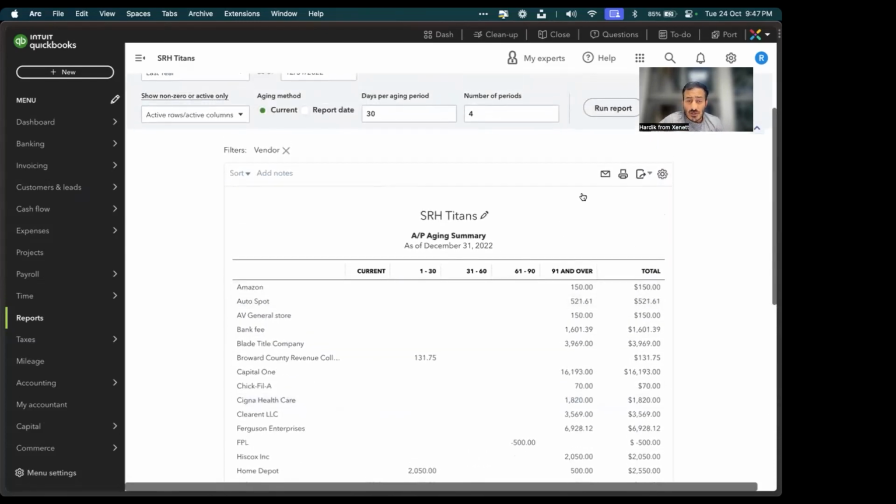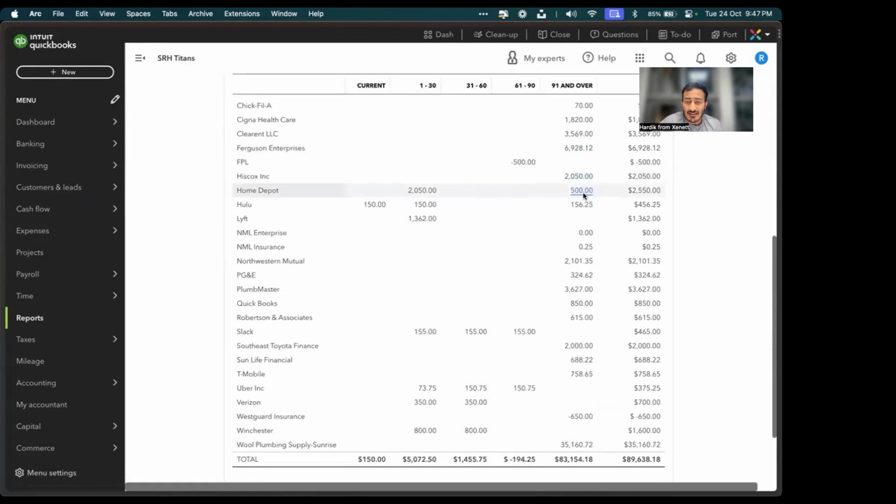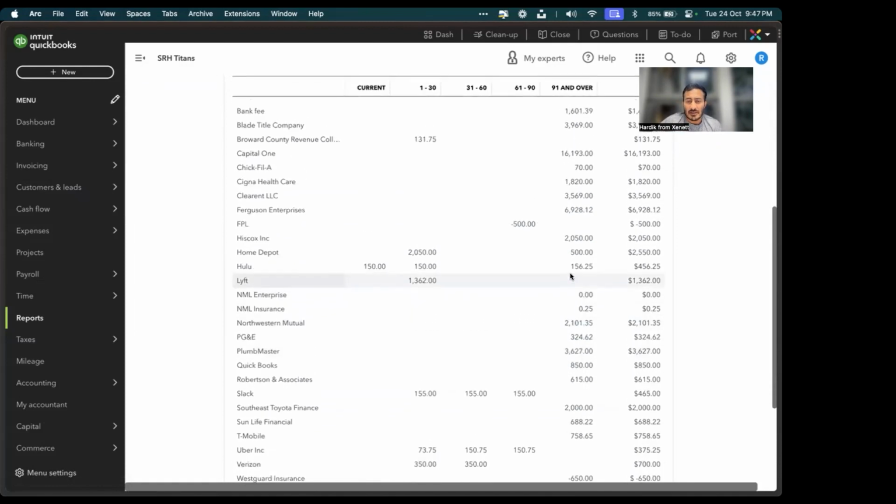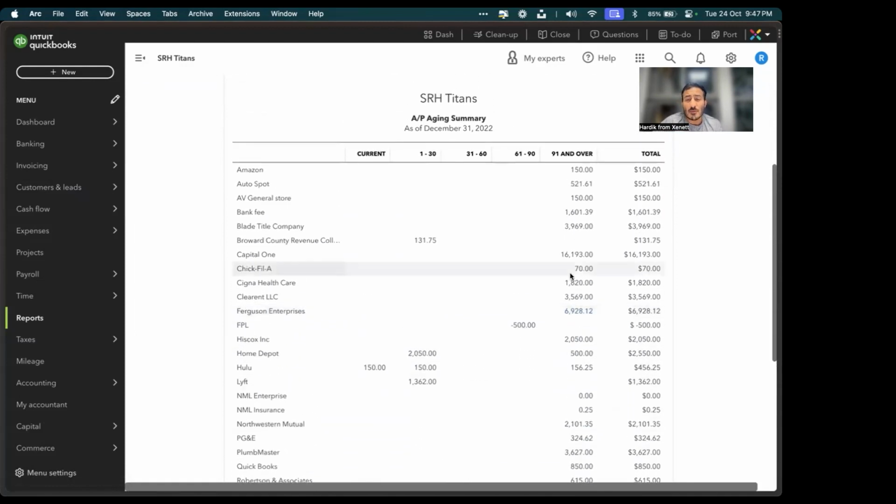Now, the most important thing that we also pay attention to is anything that is overdue, right? In this particular case, obviously this is an example, but there are so many vendors which haven't been paid for a while. I would suggest that a proper investigation should be done into why it's unpaid since so long, right?